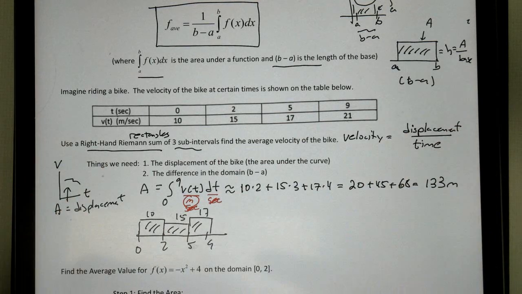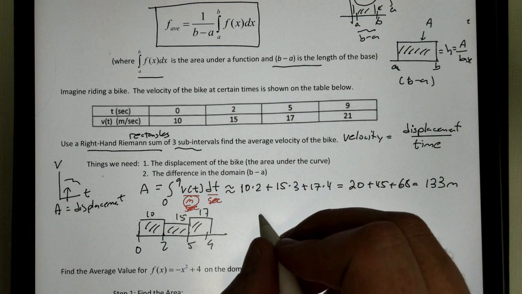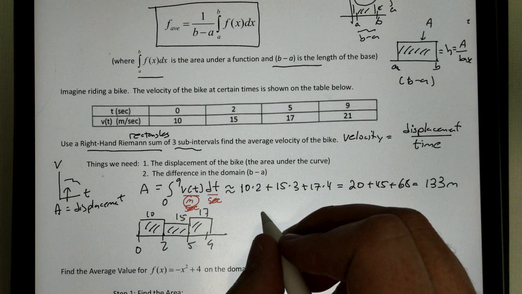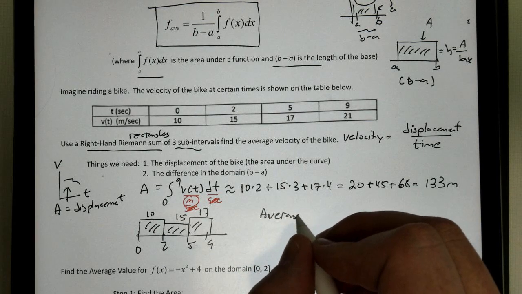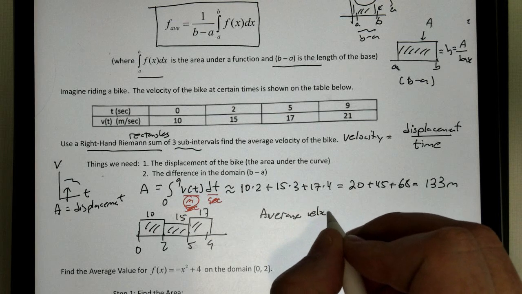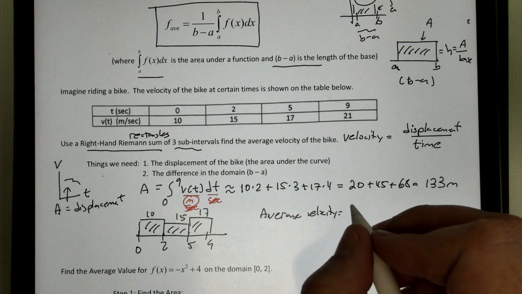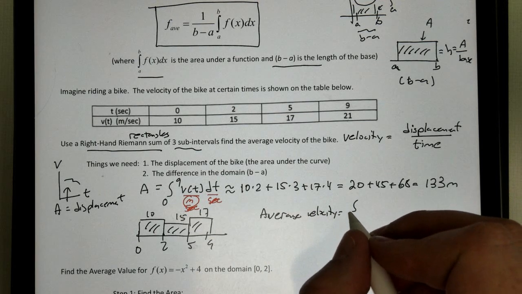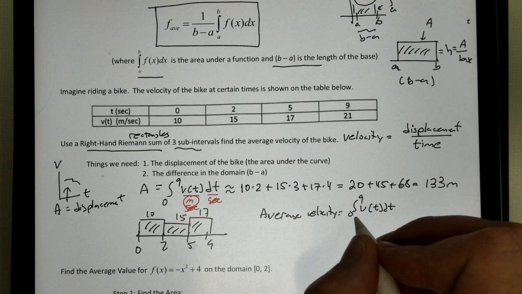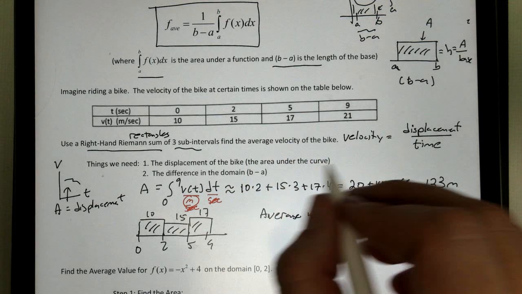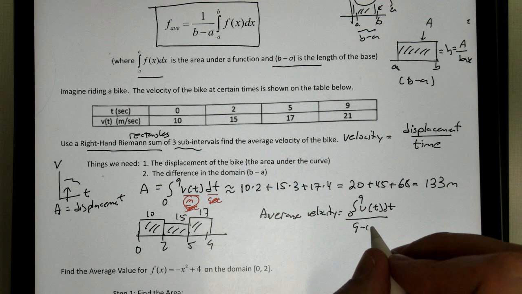But remember, I want my average velocity. So what do I have to do now? To get our average velocity, we're going to take that distance that we traveled, that integral, and divide it by the change in time, 9 minus 0.